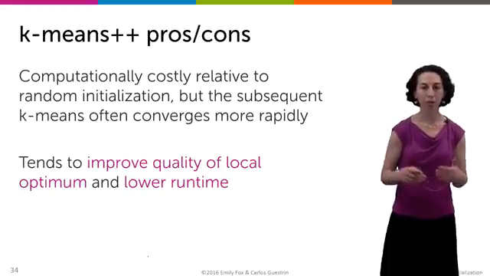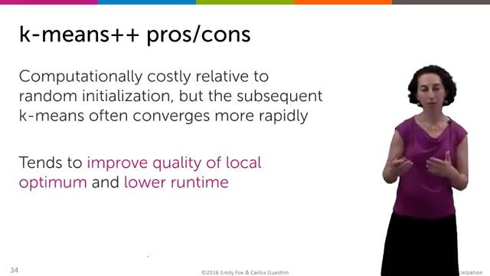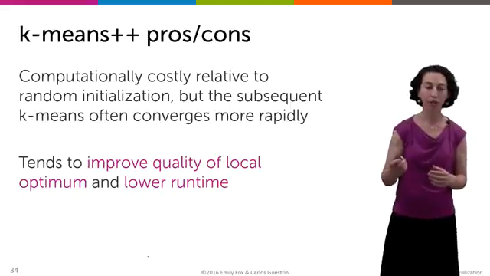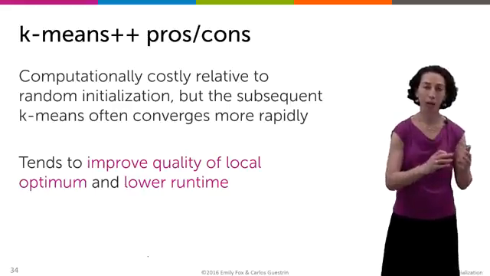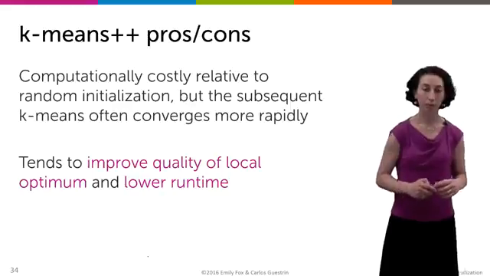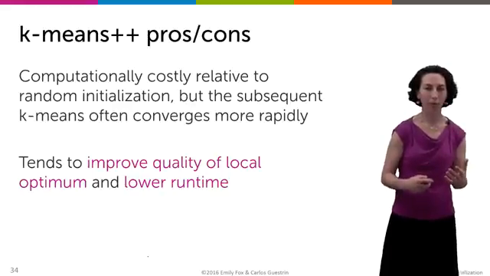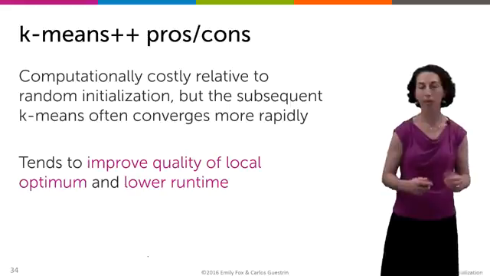And so k-means++ tends to improve the quality of the local optima found, and in addition, reduce the runtime because it converges more rapidly to that high quality solution. So in practice, running k-means++ tends to be a really helpful thing to do.